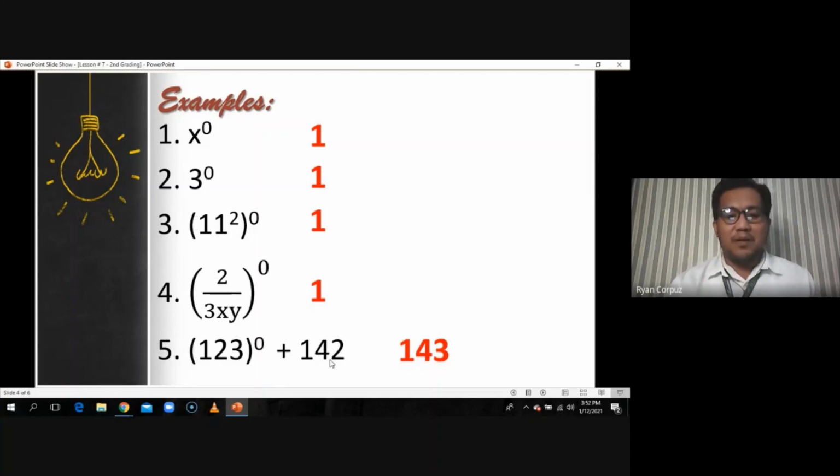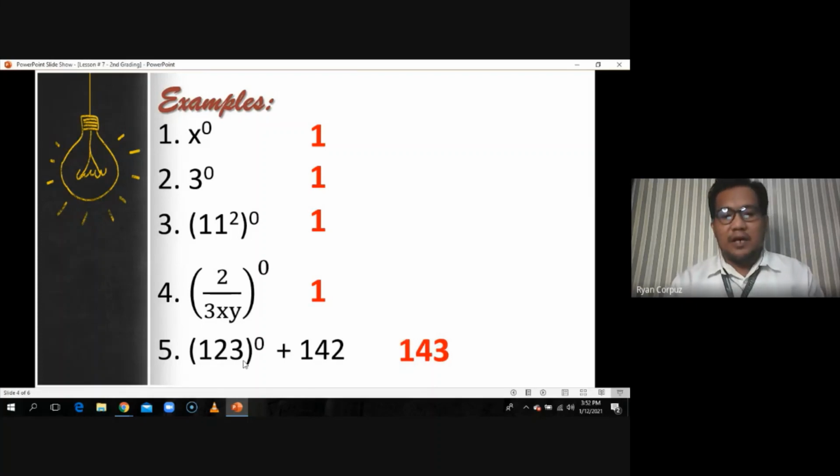So, it means that when we are going to simplify expressions involving 0 exponents, once we see a constant term or a variable or an expression that was raised to 0, that is equivalent to 1.